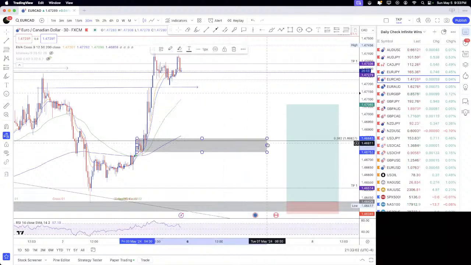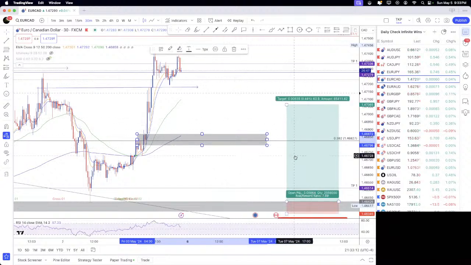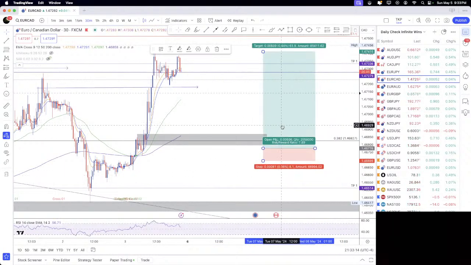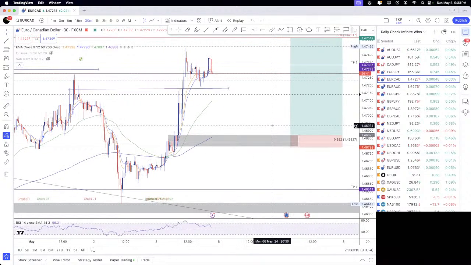So with the wicks that these euro pairs gave us at the ending of the week, I may want to be cautious about entering these limit orders unless we give ourselves a really, really, really, really decent stop loss.